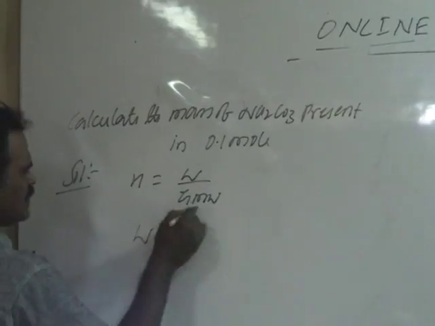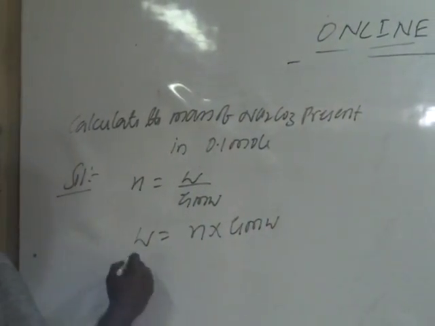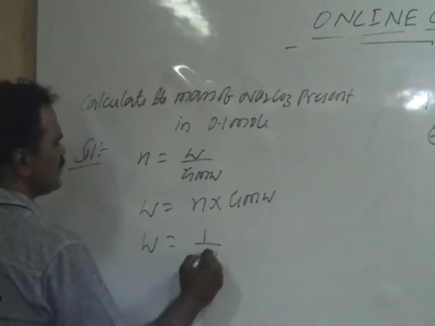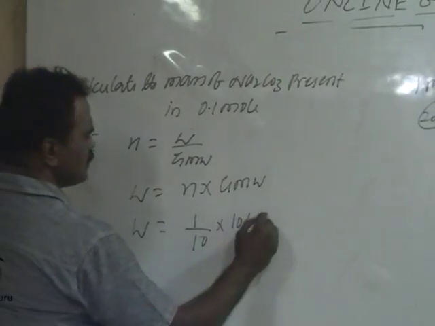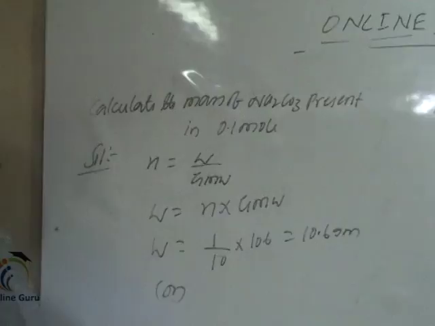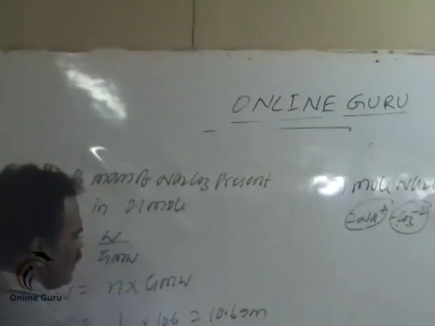Then weight of substance equals number of moles into gram molecular weight. Weight equals 0.1, which may be written as 1 by 10, into 106, that equals 10.6 grams. Or, 1 mole of any substance is equal to gram molecular weight.